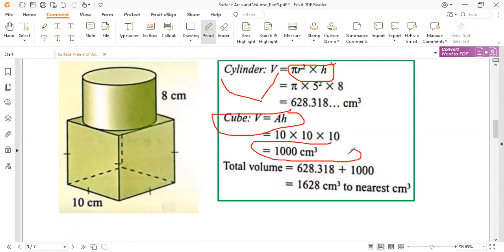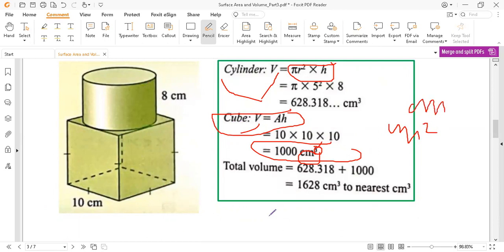We should keep in mind, and be very careful with the measurement units. The length has its measurement unit, but here we are talking about volume, so we put the measurement unit cubed. With the area we put centimeter squared, and with the length we put centimeter only.